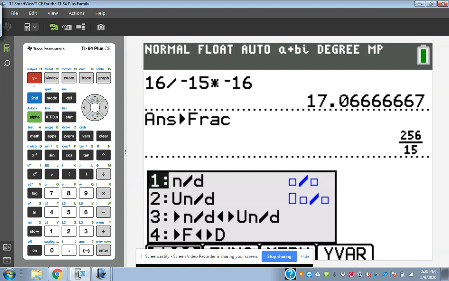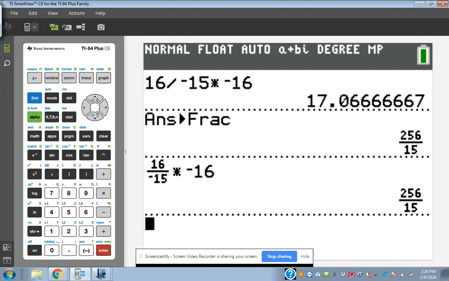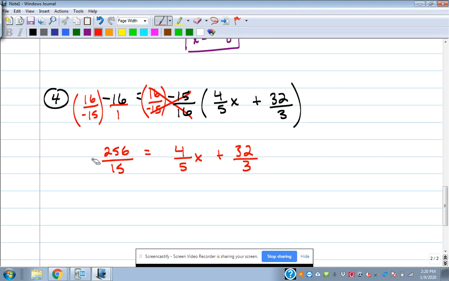It should bring up this menu if you're using the TI-84, and the first option is the fraction option. I would put 16, negative 15, and then press the right arrow key to get out of that fraction, times negative 16. I don't know why I put a negative on that answer a while ago. That's not negative, it's positive.